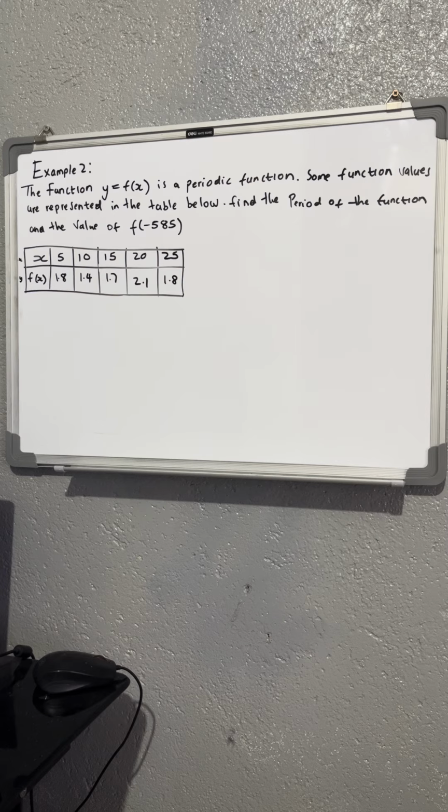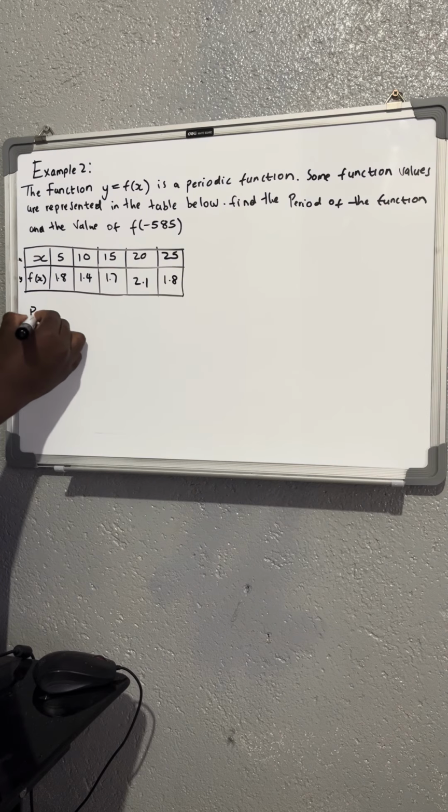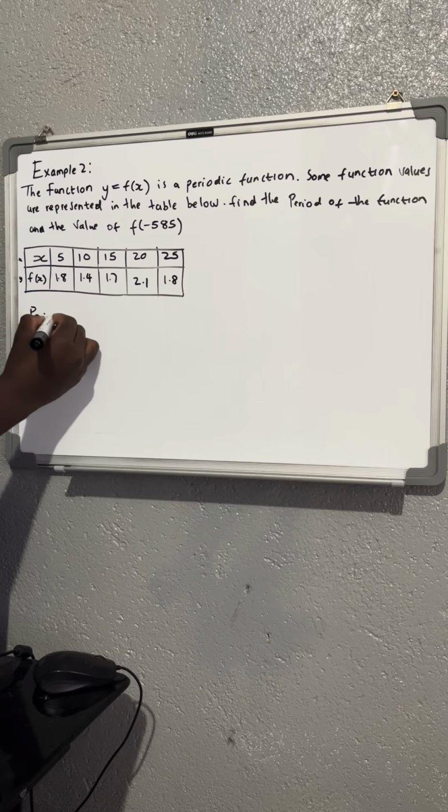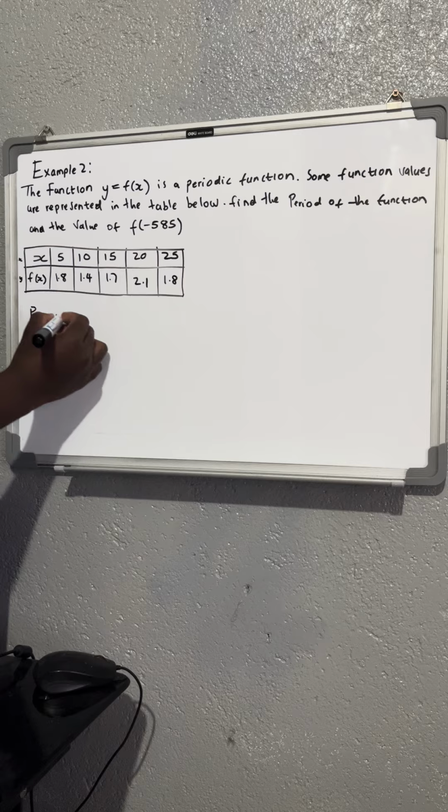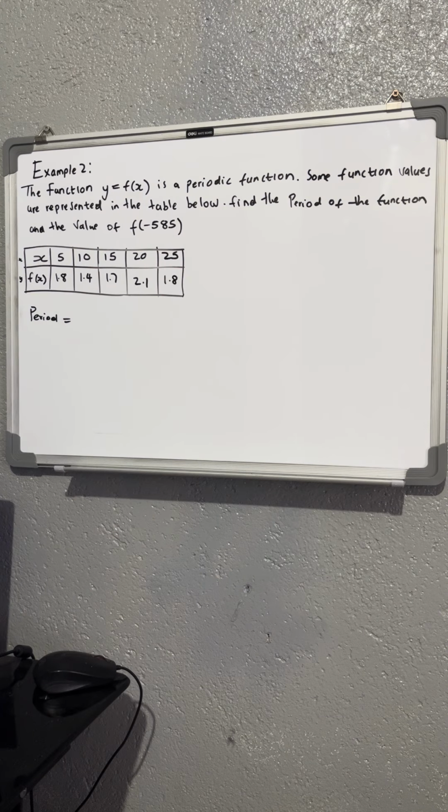The first thing that we have to do is to calculate the period. So if we're calculating the period, what are we going to check? We are going to check those x values that give us the same outcome of y values. So where do we get those?